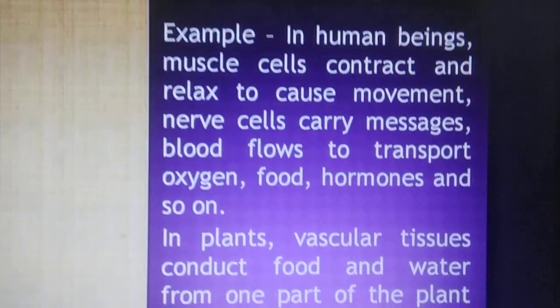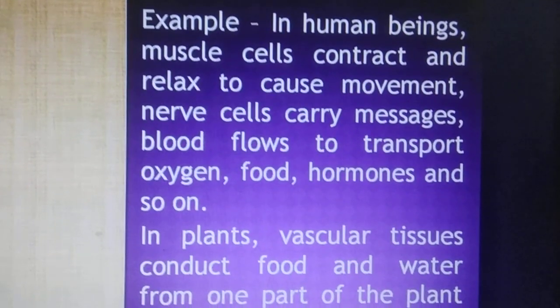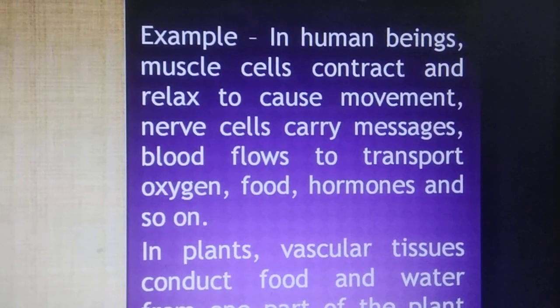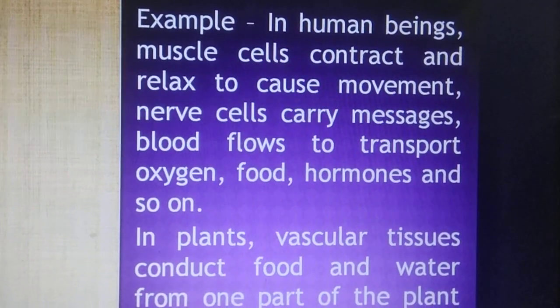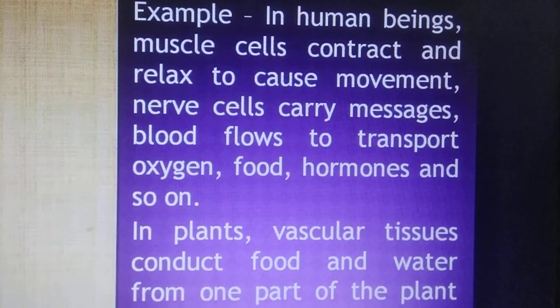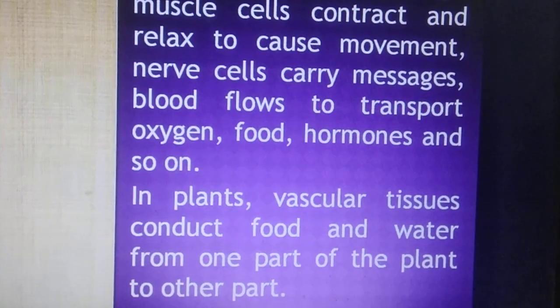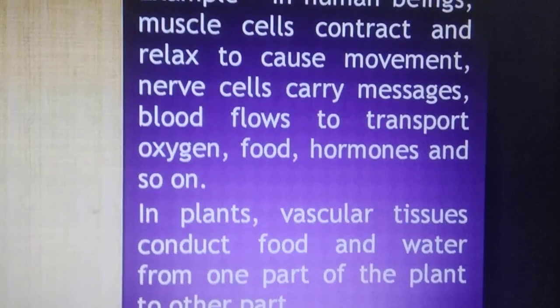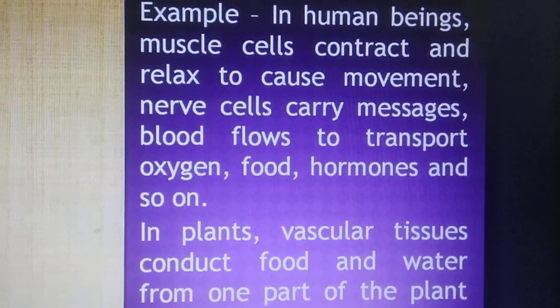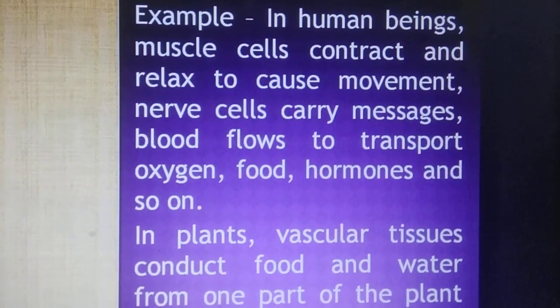Example in human beings, like the muscle cells, they contract and relax to cause movement. Nerve cells carry messages. Blood flows to transport oxygen, food, hormones, and so on. So the muscle cells come under the muscular system.